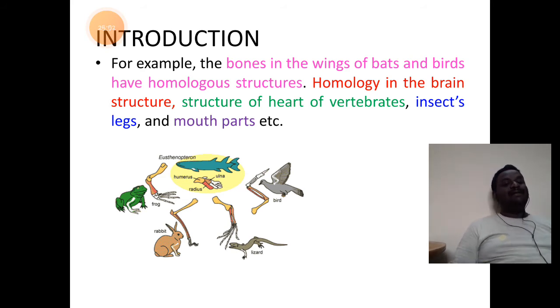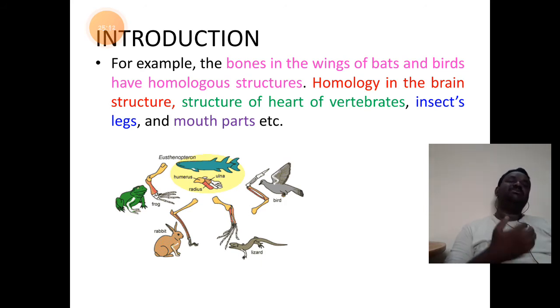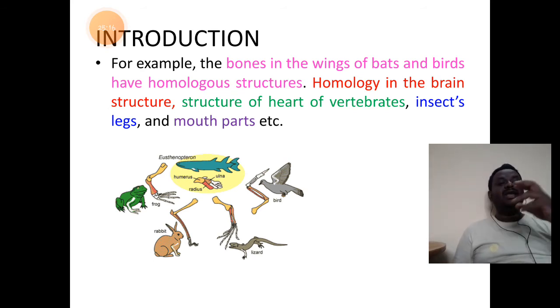Well, the other examples related to homologous structures are structures of the heart of vertebrates. Some have 2 chambers, some have 3 chambers, some have 4 chambers. So the various functions of these structures and organization also show certain changes in them.